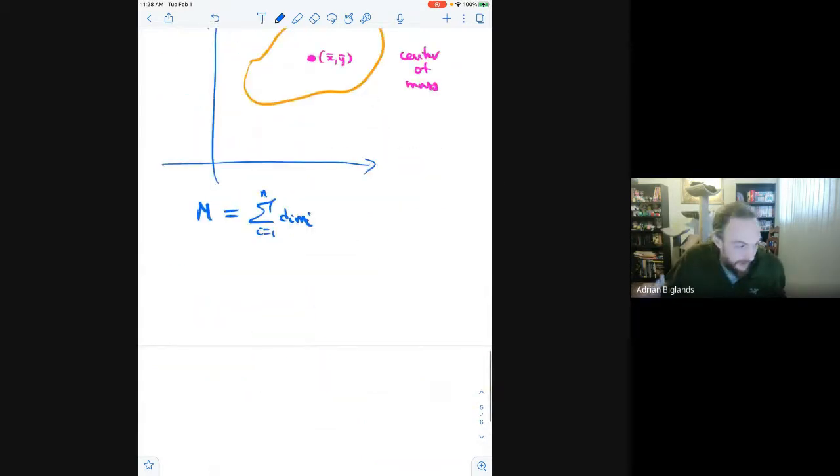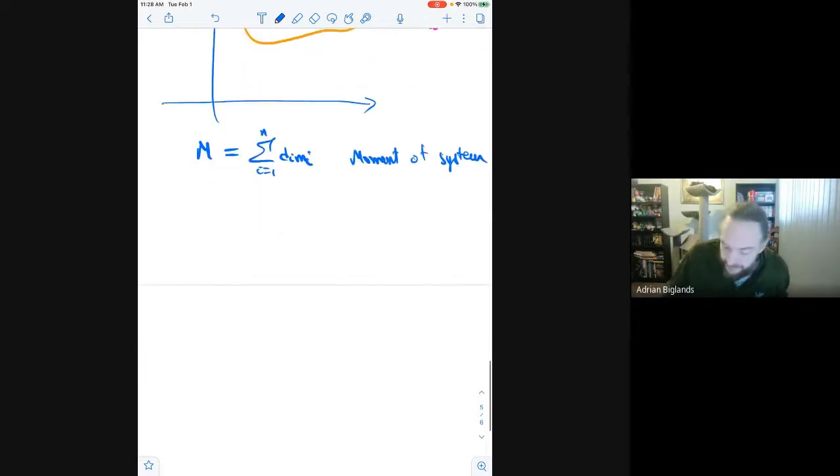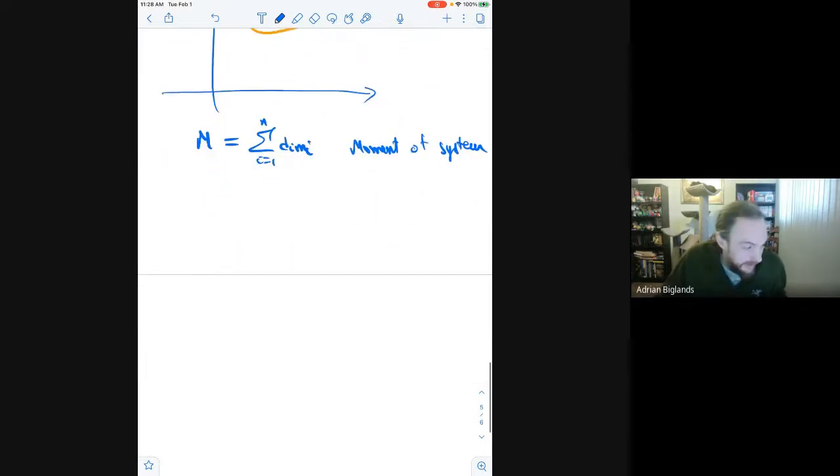But what we're going to call this is the moment of the system. And so what we're really going to do is the moments of mass with respect to the axes.